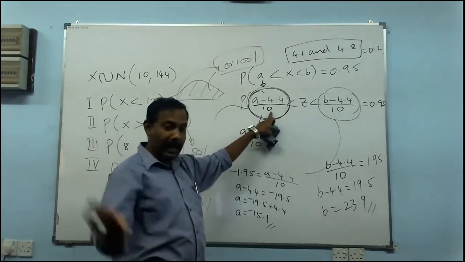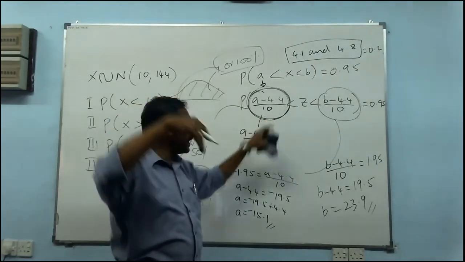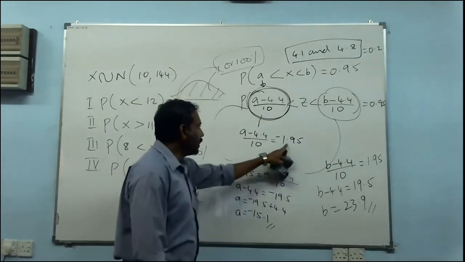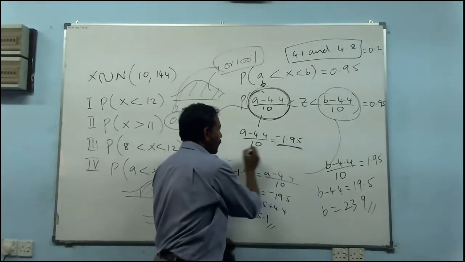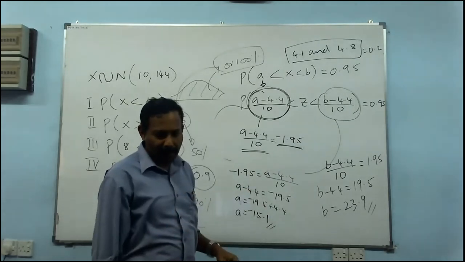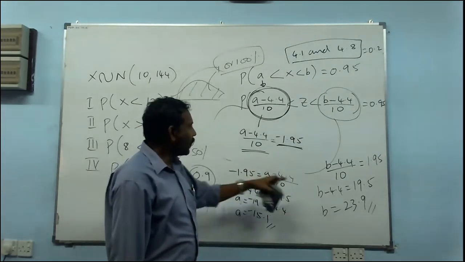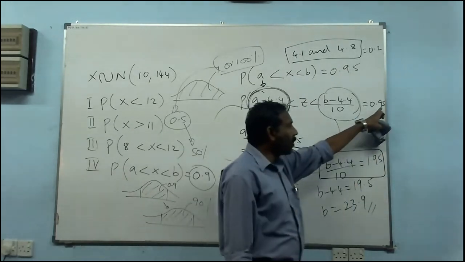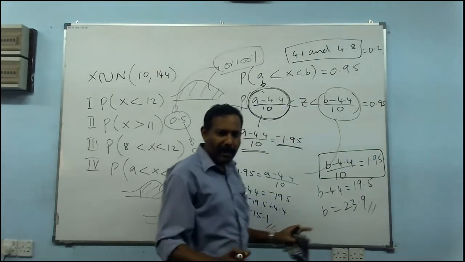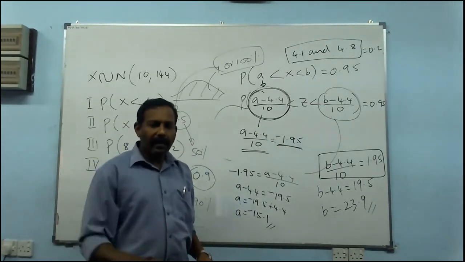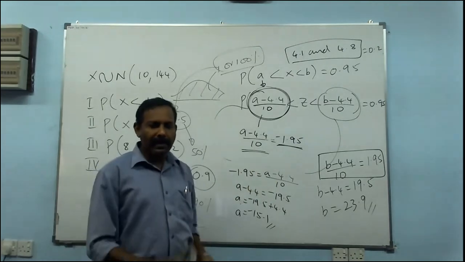This z value is the same as on the table that we have seen, which is 1.95 or something. This is also a z value, not the probability value. So here we are equalizing the z values. We are not touching the probability value. Probability value remains as it is. So it's a normal logic, right? Look at the table, do some exercise.